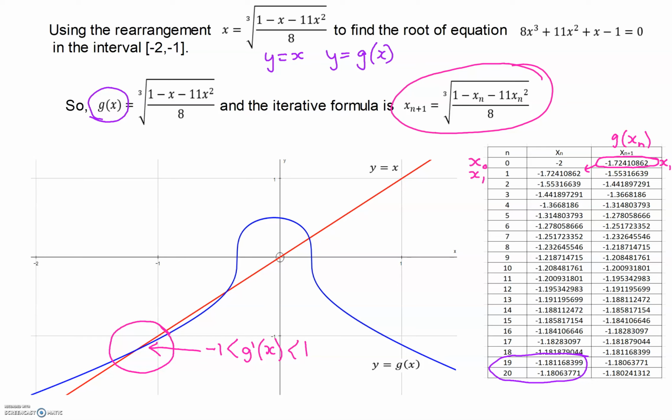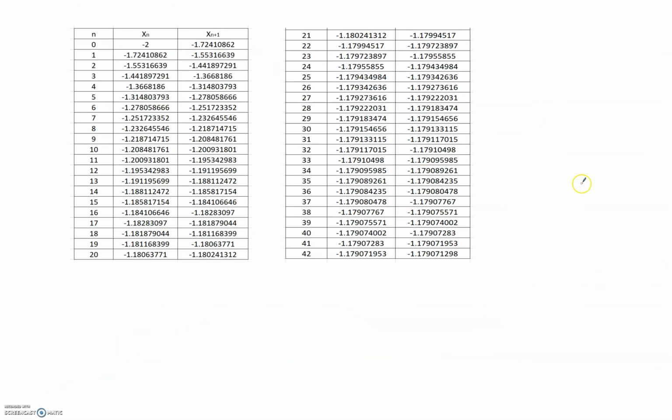If we wanted to go a little bit more accurately to 5 significant figures, we need to extend these spreadsheets, which I've done here. And so I'd like you to look at these spreadsheets and find this root to 5 significant figures.